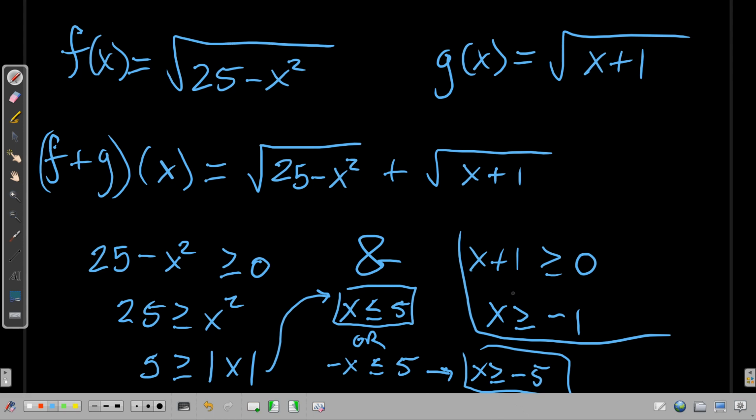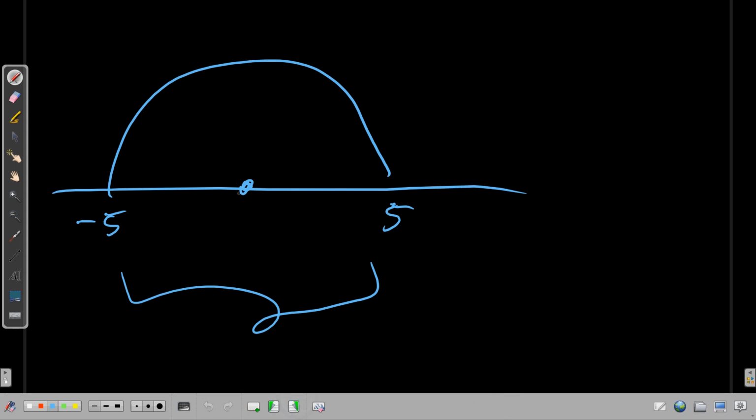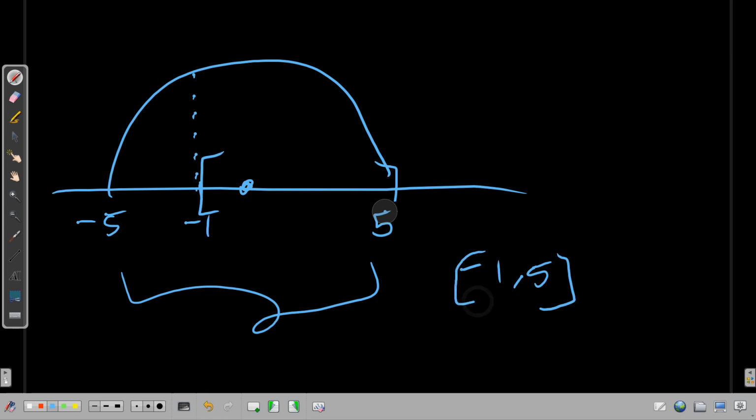But you have those two stipulations, and then you also have that it must be greater than or equal to minus 1. So with minus 1 being right here, we have cut off our domain partially, and now we just have the domain from minus 1 to 5.